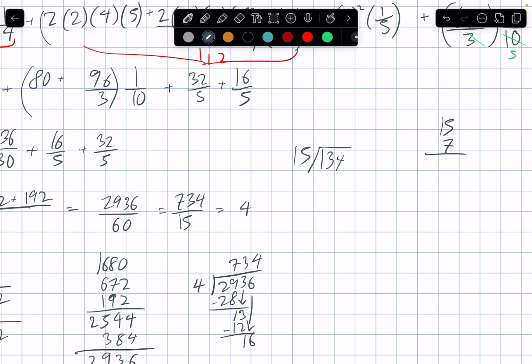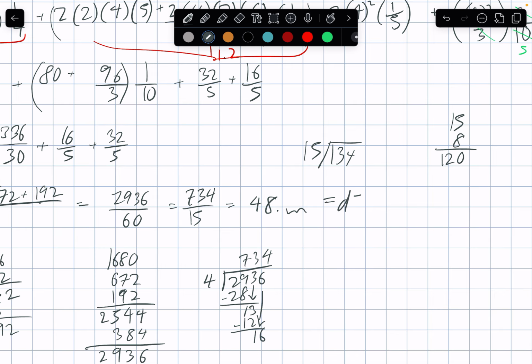Let's try 7. Okay, 48 point something. That is supposed to be our DTC. But approximately, the answer is 48.8.